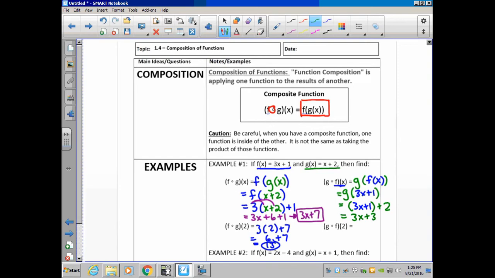So what it's saying now is, okay, if you have g of f of x, what is x at 2? So that's going to be 3 times 2 plus 3, which is 6 plus 3, or 9. Okay, very good. Let's try another one.